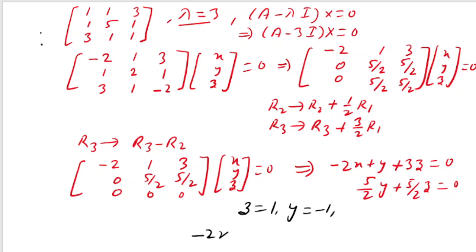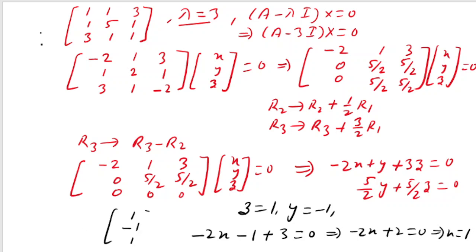So -2x plus y means -1 plus 3z means plus 3 is equal to 0. So we got -2x plus 2 is equal to 0. So we got x is equal to 1. So the eigenvector that I got corresponding to this is x is 1, y is -1, and z is equal to 1. I hope up to this it is clear.